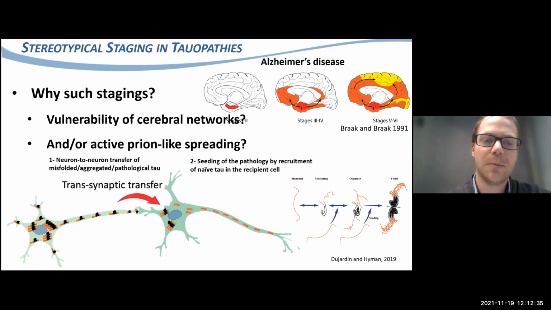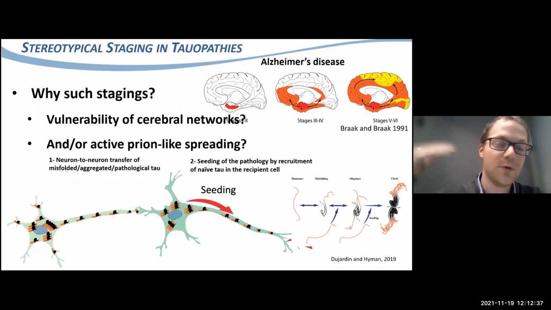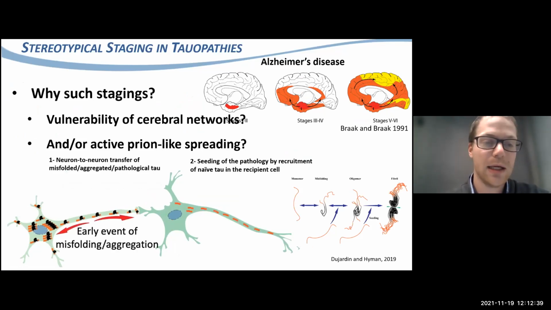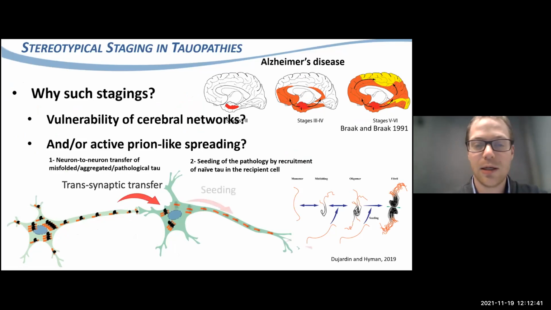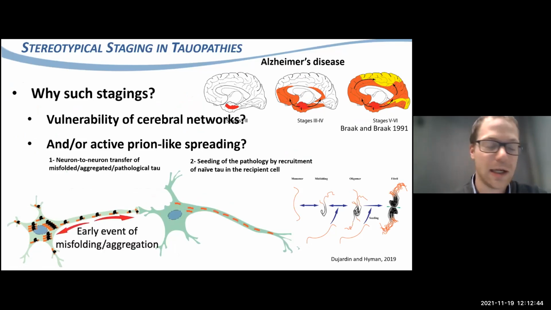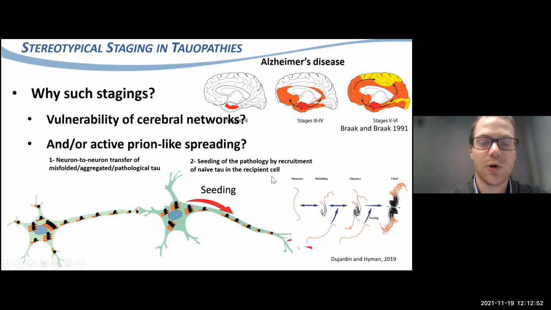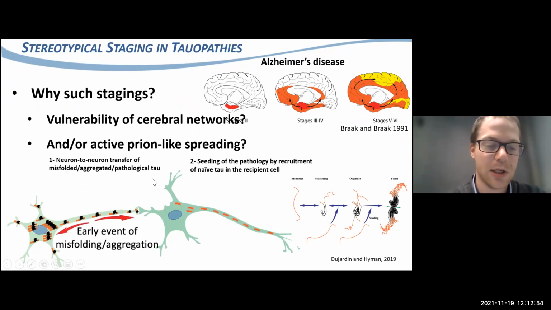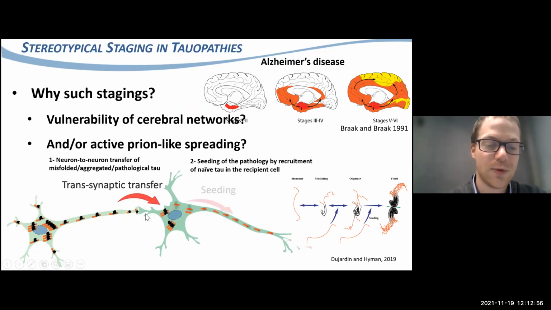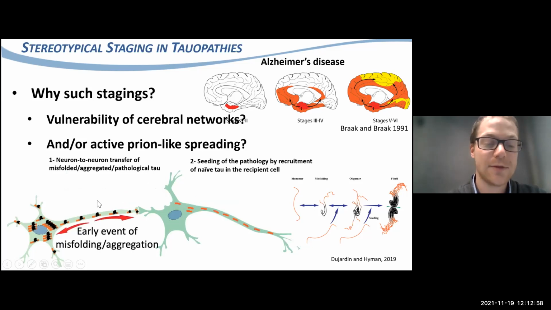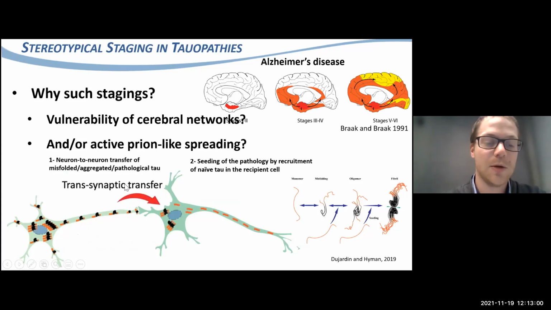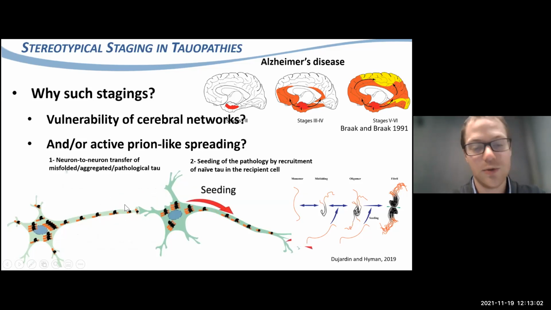Basically, the question we had from the real beginning was: why such staging? Can it be from vulnerability of cerebral networks, or is it really because of an active prion-like spreading? And when I say prion-like spreading, again, I'm talking about an active transfer of misfolded species from one neuron to another neuron.